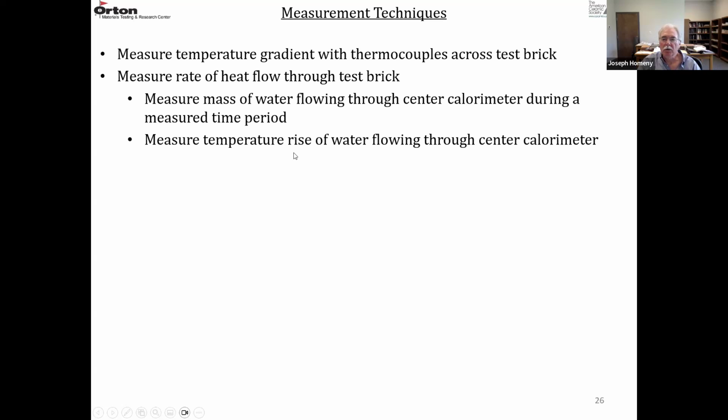And you have thermopiles, very accurate thermocouples embedded in those inlet and exit channels. So that measures the temperature rise of the water flowing through the center calorimeter. So if you know the temperature rise of the water and the amount of water flowing for some time period and the heat capacity of water, you can get the heat flow.